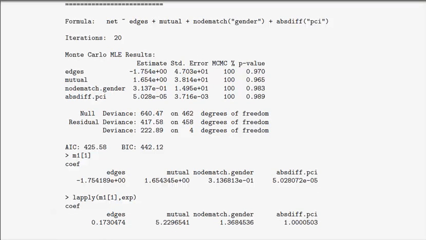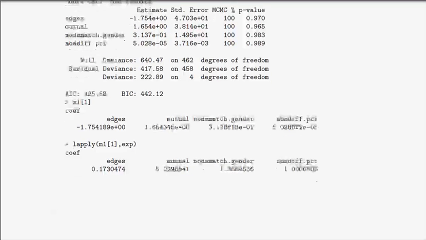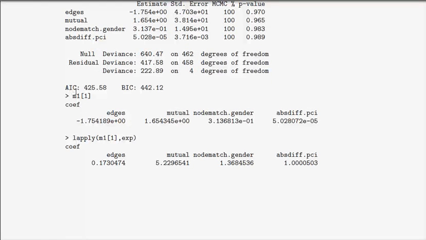Remember that these estimates are the estimates of the parameters in the ERGM model that we discussed in the class last week. And then there is AIC and BIC, that is Akaike information criterion and the Bayesian information criterion. These are used for selecting among a bunch of models that you might do the calculations for.